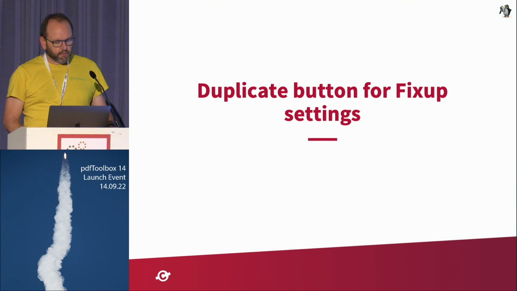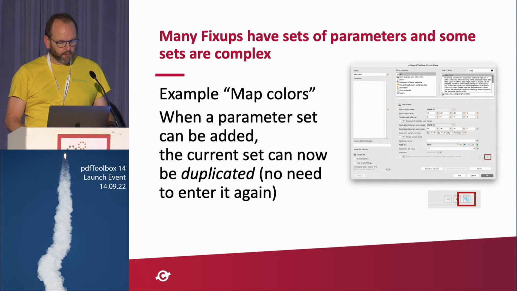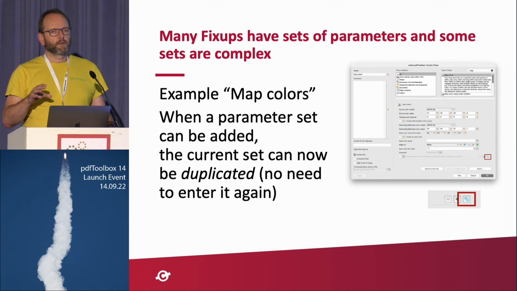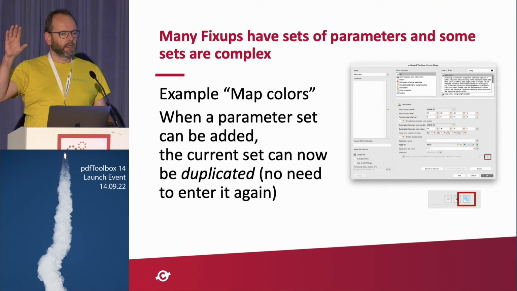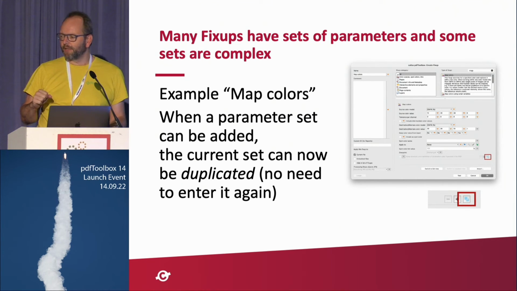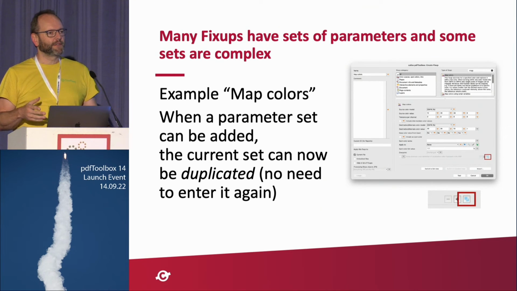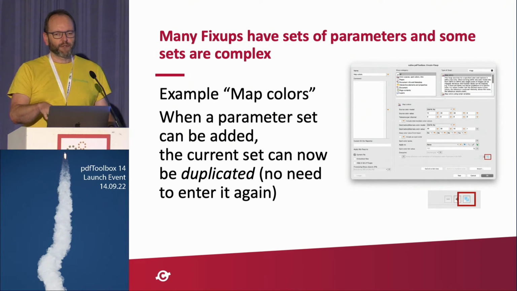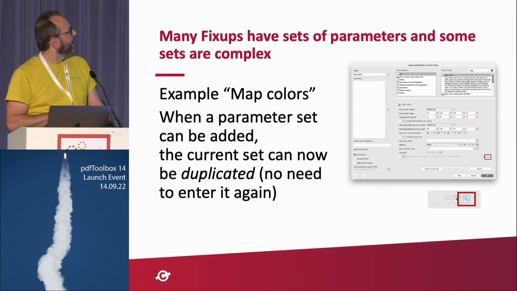Very small thing. Again, something that can save you a lot of time if you need it. There are some settings, and one of the prime examples is map colors. So if you have the map colors fixup, you have a section where you specify what needs to be done, and that section became more complex in pdfToolbox 14 because you now have more tolerance values and so on.